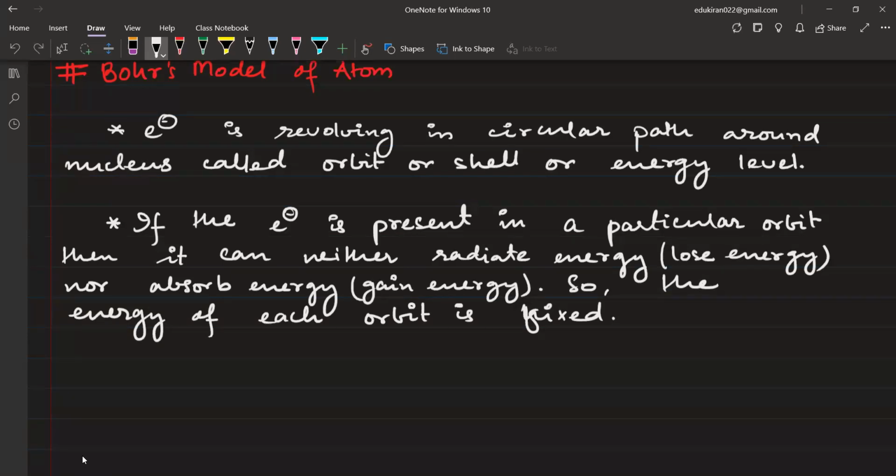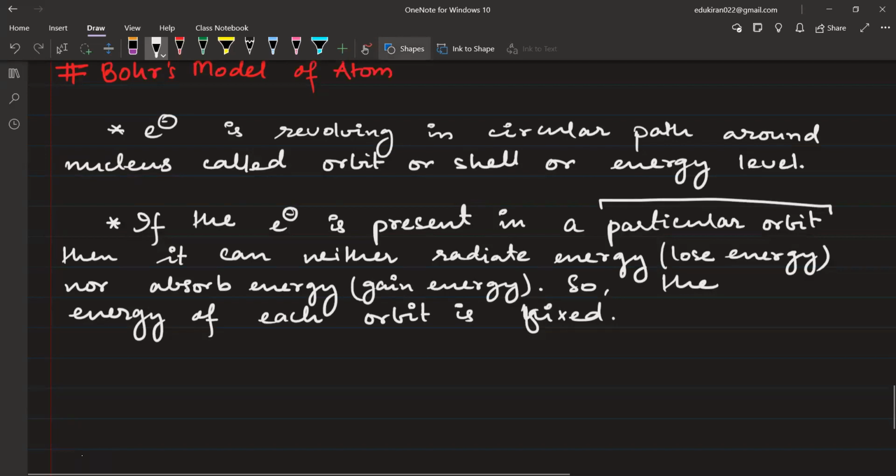If it is present in a particular orbit, क्या मतलब है इसका? जैसे ही उसने कोई एनर्जी लूज की उसका ऑर्बिट चेंज हो जाएगा, जैसे ही उसने कोई एनर्जी गेन की उसका ऑर्बिट चेंज हो जाएगा। ठीक है, दैट इज द मीनिंग। ऐसा नहीं कि वो एब्जॉर्ब कर ही नहीं सकता है, it does not have any capacity to either lose energy or gain energy and also be in a particular orbit. ठीक है, please understand this.